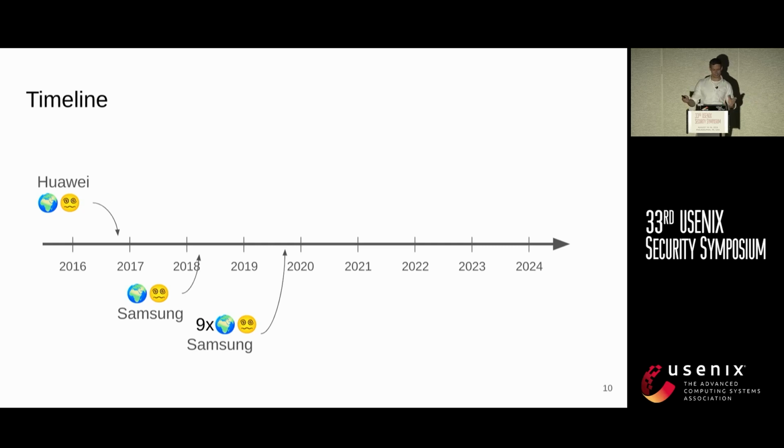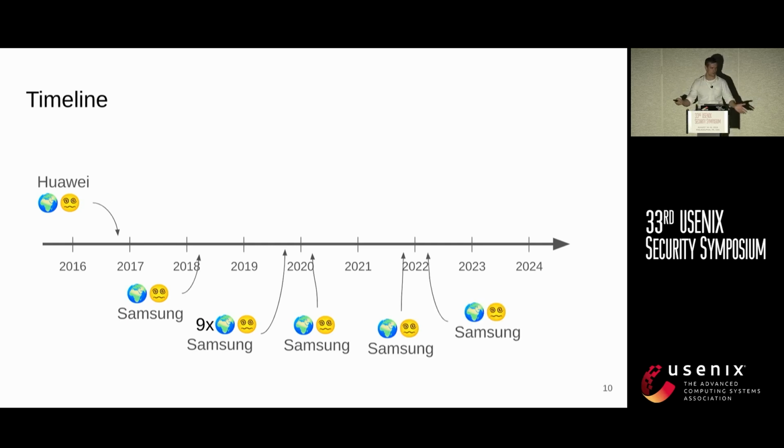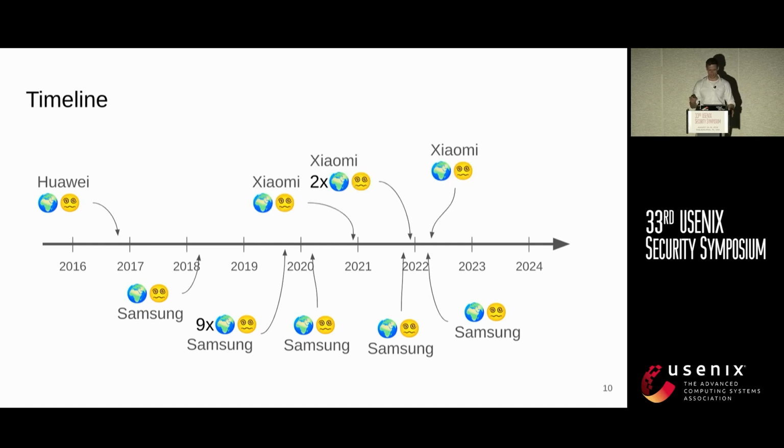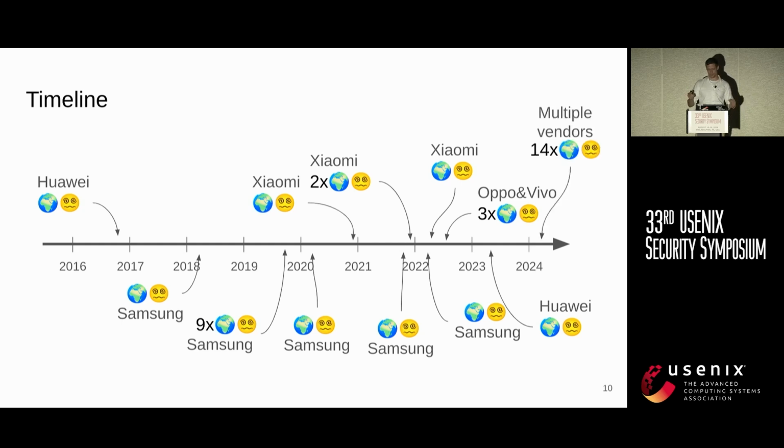But in the future, we saw, well, not so much, no, and again, no. But Samsung is not the only vendor who was affected by that. We have a bunch of bugs by Xiaomi, and then Oppo and Vivo were affected. Here we have another one by Huawei, and then I think what really drives the point home is that our tool found cross-vendor 0-days, more or less readily exploitable to get a foothold into the trusted execution environment.